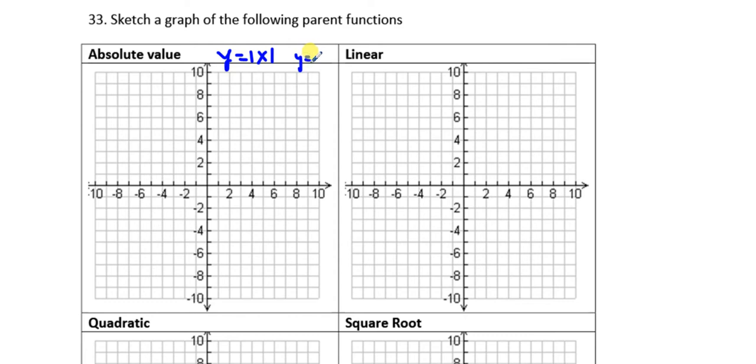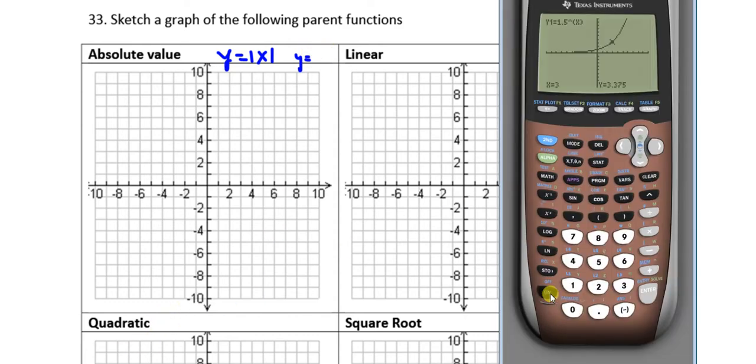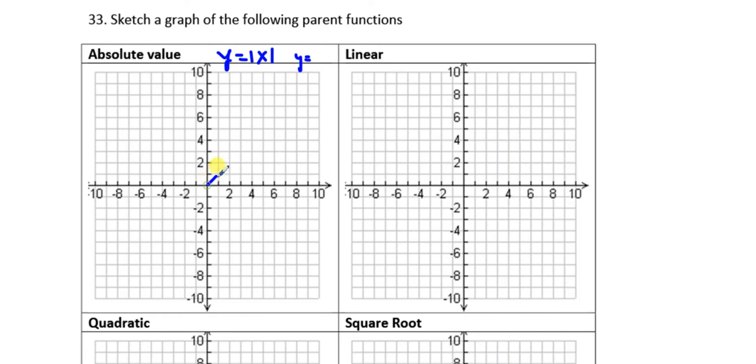You have to look under the math symbol. There's a couple ways to get there actually, but if you go y equals math, and it's under the number menu, ABS, that's absolute value. See, it's got the double line, and then x. And if I graph that, it looks like a V.